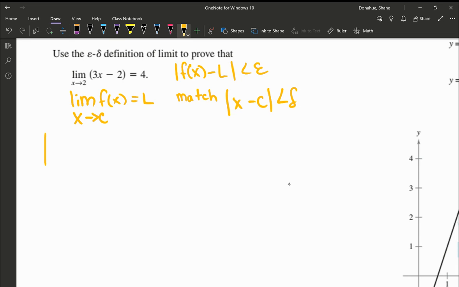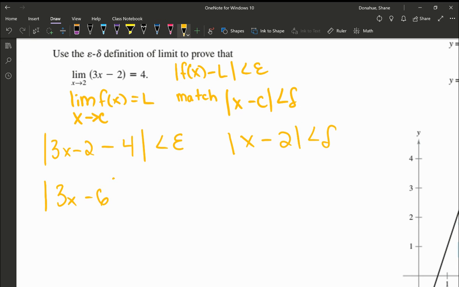So I've got my f of x, 3x minus 2, minus my L, which is 4, less than epsilon. And the goal, what we're going to be trying to make it match, is x minus my c, which is 2, less than delta. So we combine our like terms. We've got 3x minus 6, less than epsilon. We can pull out a common factor of 3.